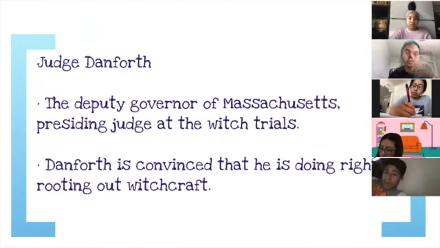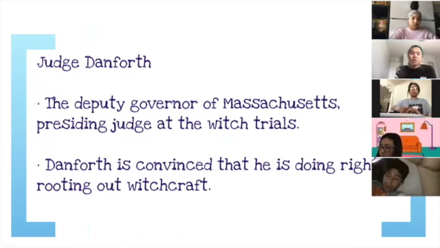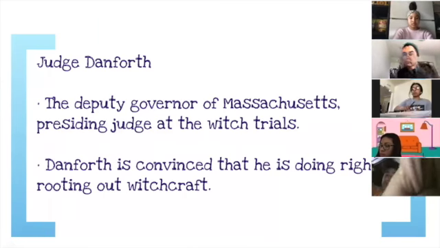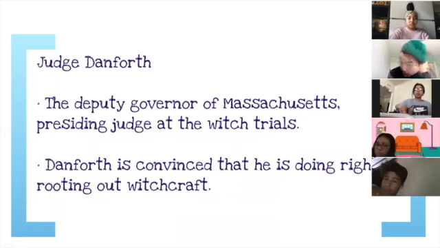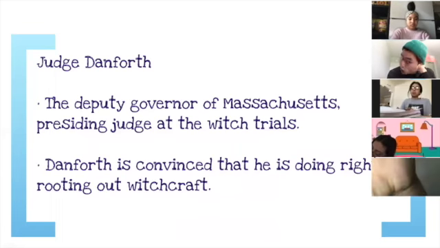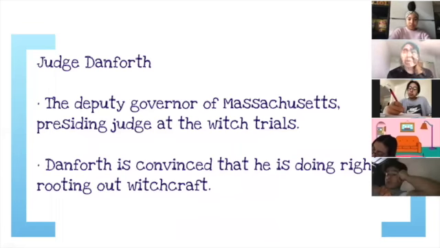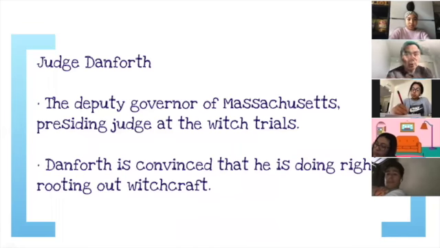Judge Danforth. Starting in Act 2. All right, so in Act 1, we'll learn more about that next week. Act 1, it's about figuring out what happened, but there's hysteria, and obviously there's a witch trial because that's the real life event it's based on. So when we get to Judge Danforth in Act 2, he is called in by the state of Massachusetts to preside over the trials.